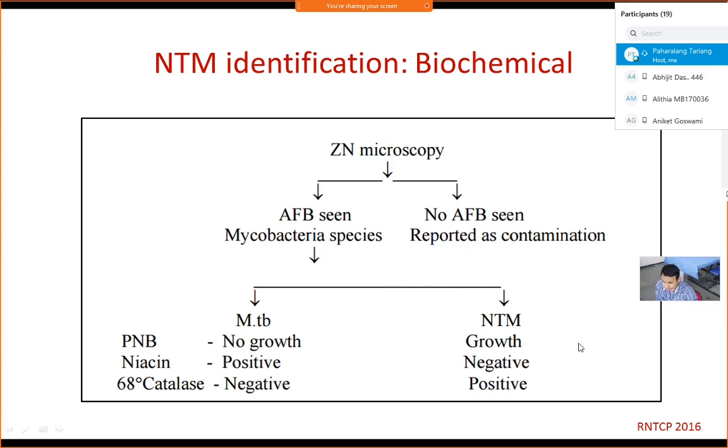In addition, you also have your biochemical test, where the non-tubercular mycobacteria are niacin negative and catalase positive, whereas TB is niacin positive and catalase negative. So it is exactly opposite of Mycobacterium tuberculosis.